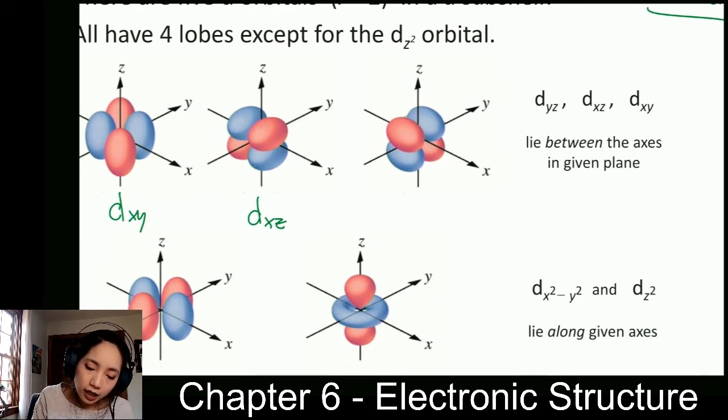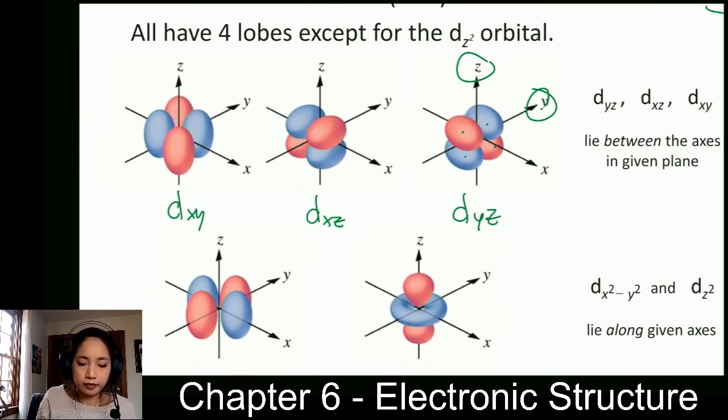Then what's this one? I see there's a lobe there, there. Essentially the x-axis is spearing through it, and the lobes are lying in the yz plane. So this orbital is our dyz. You just see where those lobes are lying.